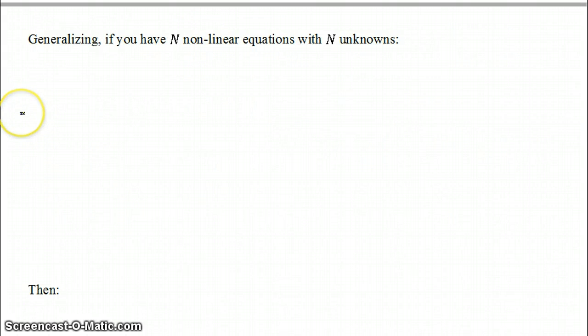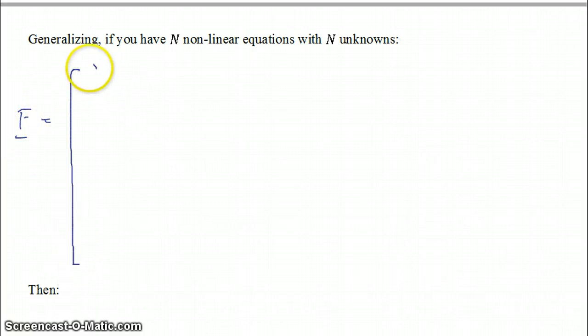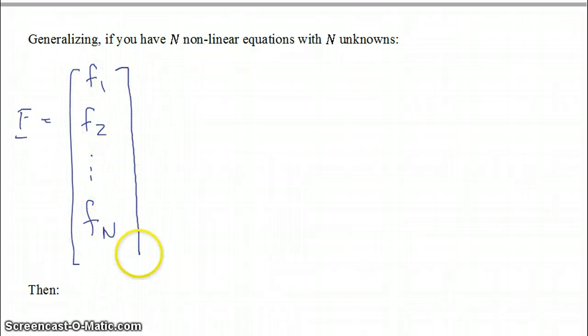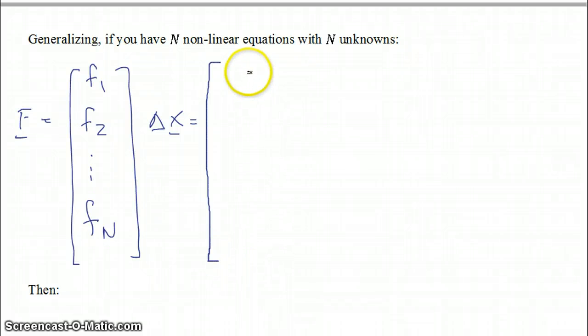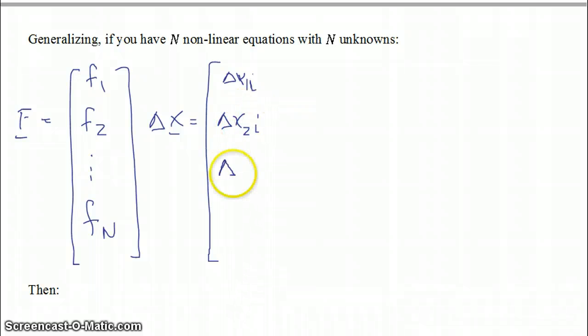So if my vector of f were, instead of just f and g, we had f1, f2, dot, dot, dot, all the way down to fn. That was my vector for f. If my vector for delta x, instead of just delta xi and delta yi, I had delta x1i, delta x2i, delta x3i, dot, dot, dot, all the way down to delta xn evaluated at i.